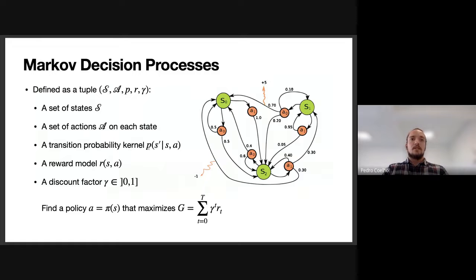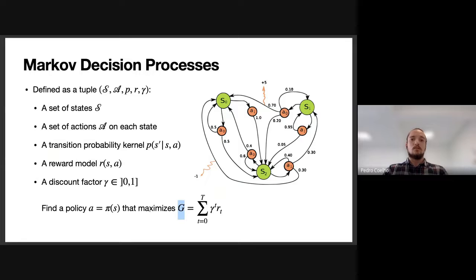The probability that the agent moves to a next state given that it is in a certain state and did a certain action, and this we call the transition probability kernel. A reward model, which is basically the reward that the agent gets by being in state S and doing action A. And also a discount factor, which is between 0 and 1, and basically serves to calculate a goal.